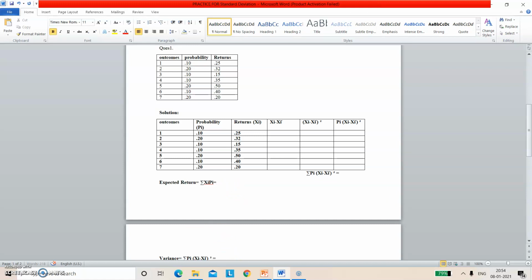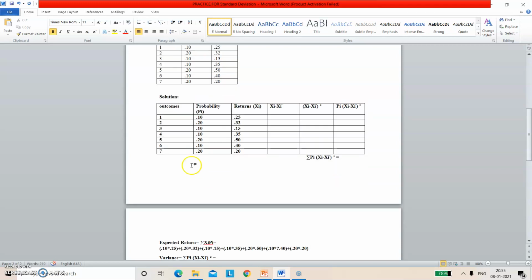If we solve this formula, that is probability into individual return: 0.10 into 0.25, plus 0.20 into 0.32, then 0.10 into 0.15, then the fourth one is 0.10 into 0.35, then 0.20 into 0.50, then 0.10 into 0.40, and the last is 0.20 into 0.20.